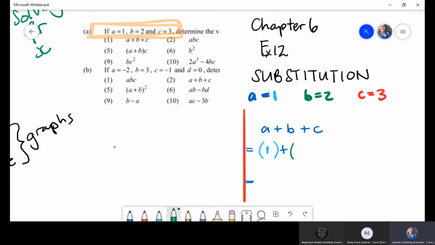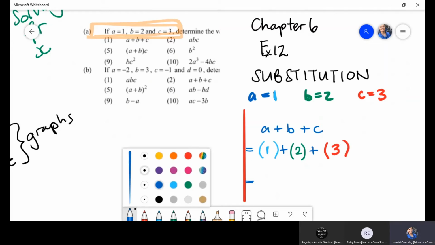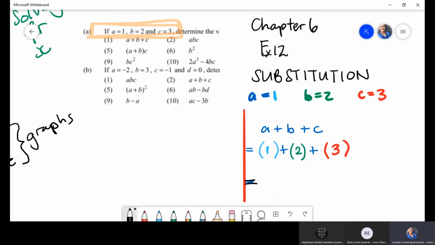I replace B with 2. I keep my plus. I replace C with 3. And now I go ahead and I continue. 1 plus 2 is 3, plus 3 is 6. And there's my answer. Do remember the crucial rule for plus and minus to follow this procedure from left to right, okay? Not to make mistakes.